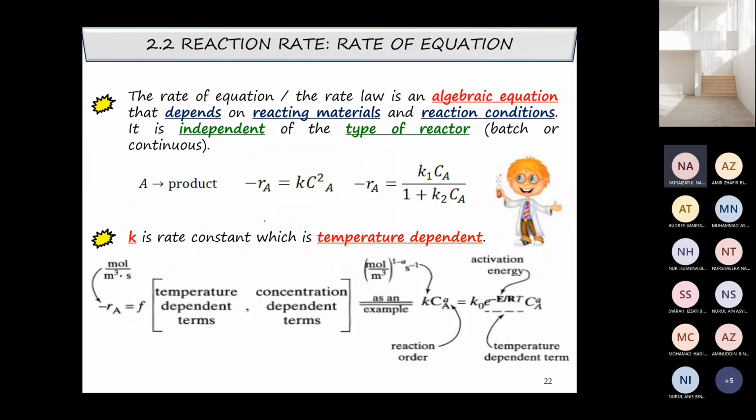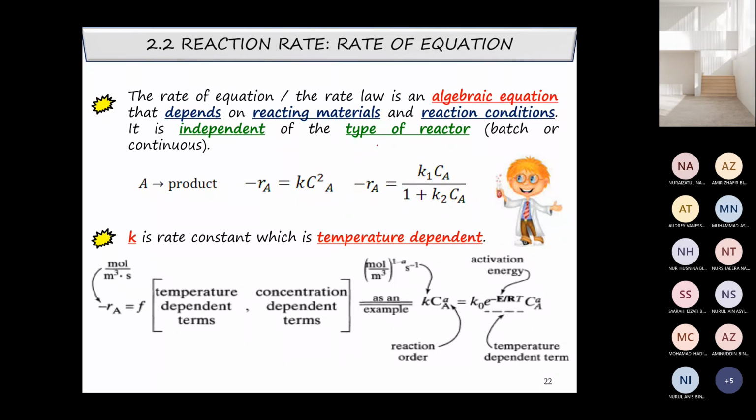Okay, so 2.2 is about reaction rate for the rate equation. The rate equation, or the rate law, is an algebraic equation that depends on reacting materials and reaction conditions. It is independent of the type of reactor, batch or continuous.